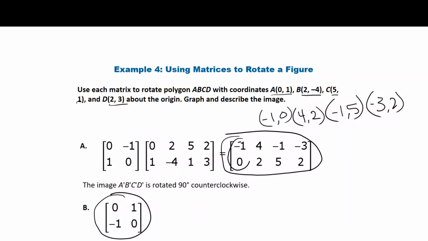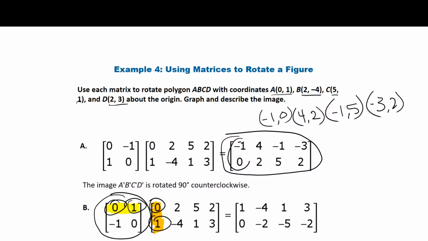All right, so we're going to multiply B by our original points again. And once again, just to remind you, we take the information in the first row, and we're going to be multiplying and adding the information in the second row. So 0 times 0 plus 1 times 1. And there we get our 1.